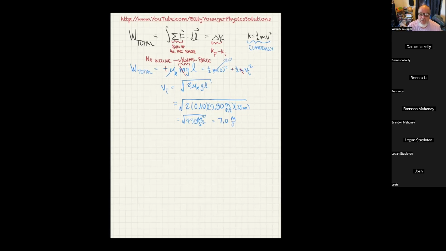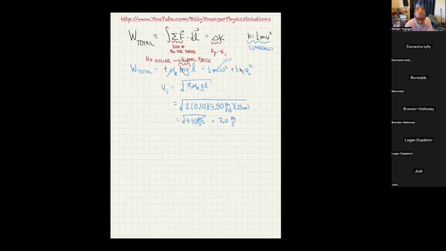By knowing that the skid mark was about 25 meters long, and knowing that it went from some initial speed vi to 0, we were able to conclude, assuming the coefficient of kinetic friction was 0.1, because it was skidding and therefore left a black mark, that the speed was about 7 meters per second.